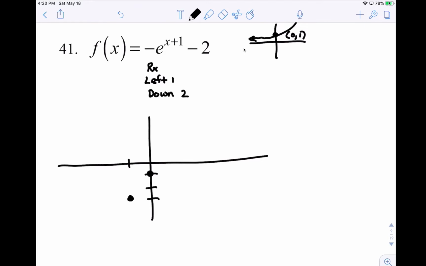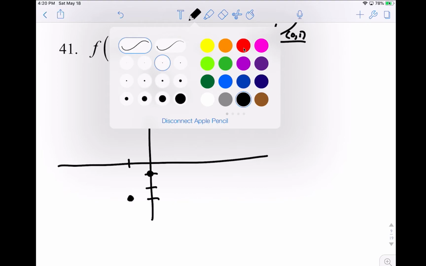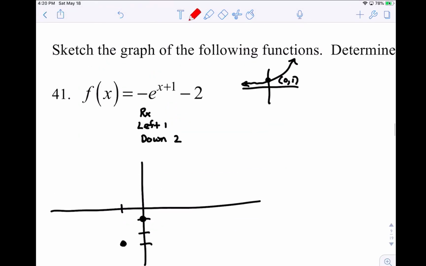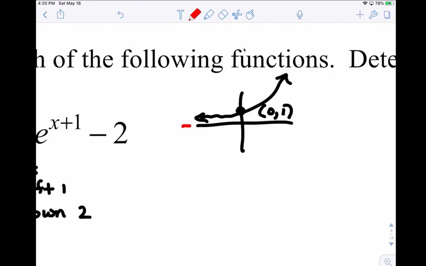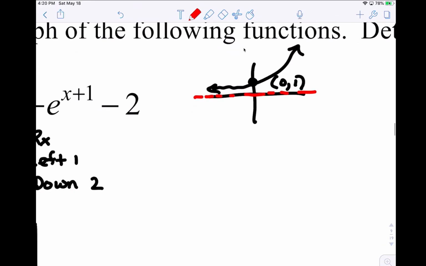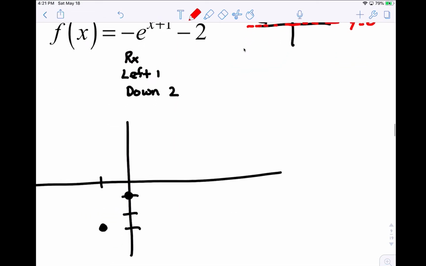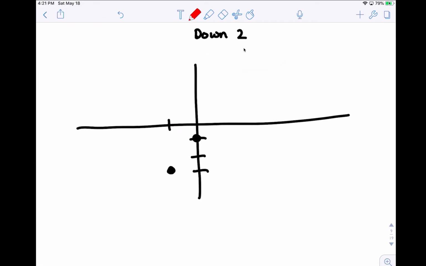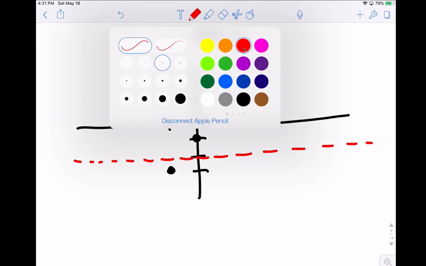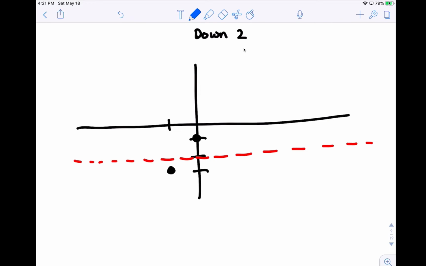Okay. Now remember, you have an asymptote for e to the x also at 0. So if it's originally at 0 and you move it down 2, that means that it's going to be at negative 2. Right? And then you can just draw your graph from there.